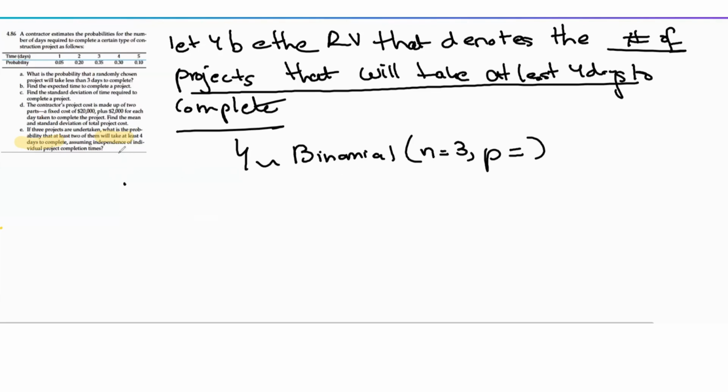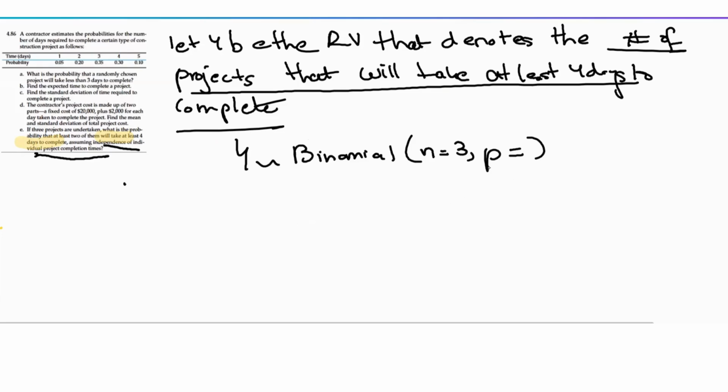There are a finite number of projects, which is 3. Independence is given, assuming independence of individual project completion times. The third is a constant probability of success for each project.